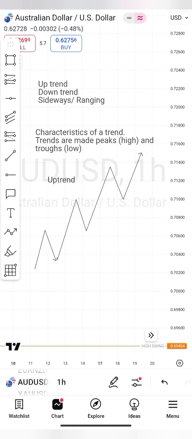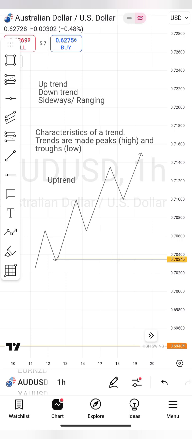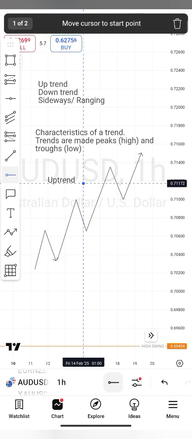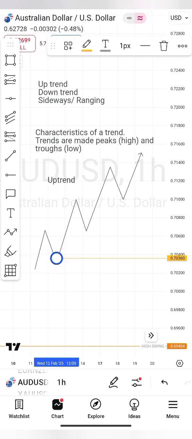Now if the new high is higher than the previous high, that means we are in an uptrend. But that is not all you need to know. The highs and the lows have to work hand in hand with each other for you to confirm what trend we are in. In an uptrend, the new lows have to be higher than the old lows.